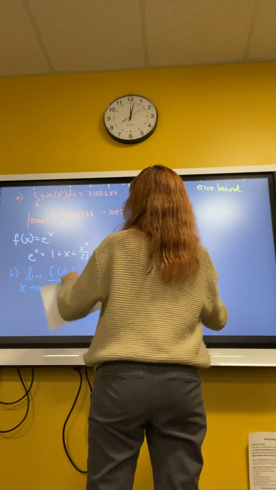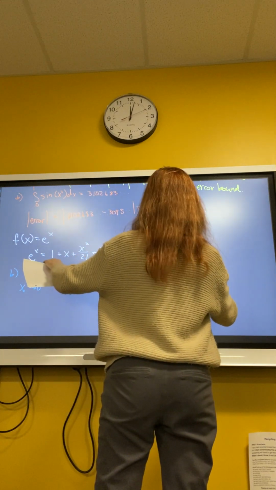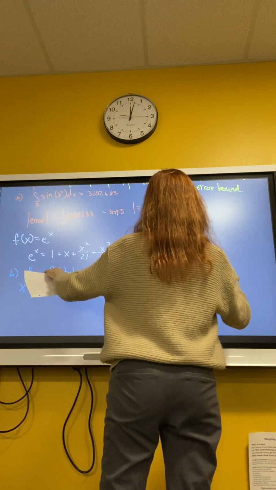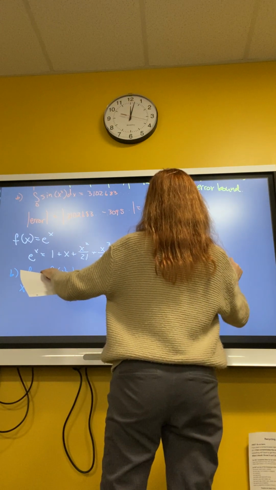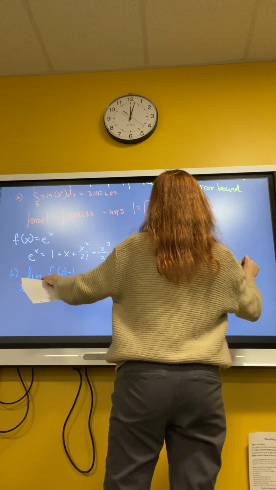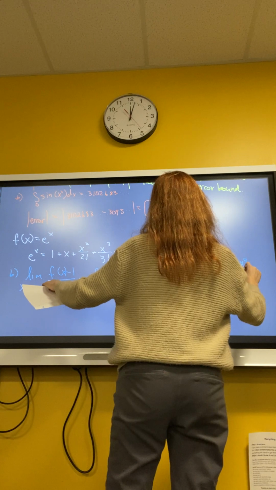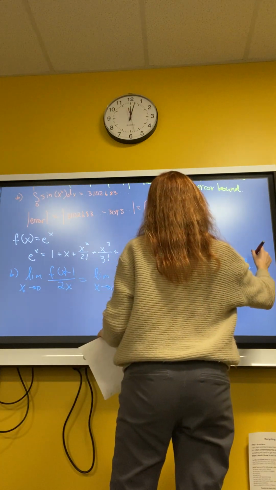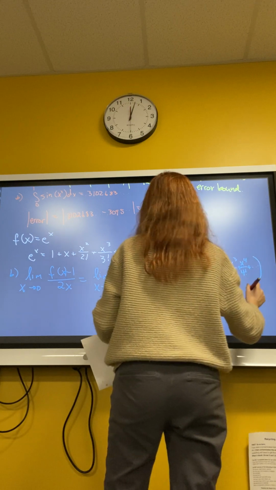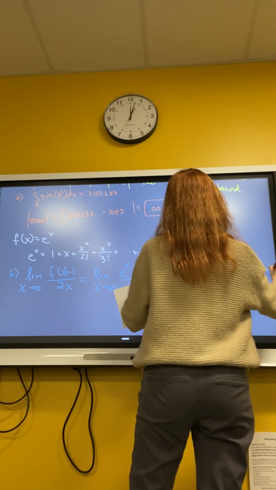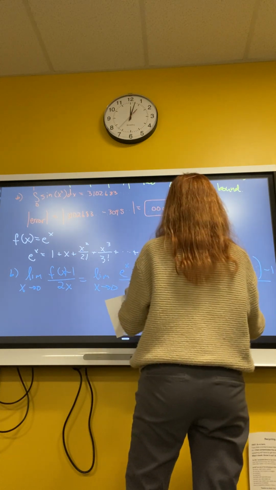So instead of e to the x, I'm going to write it as 1 plus x plus x squared over 2 factorial plus x cubed over 3 factorial plus x to the 4th over 4 factorial, and that's going to keep going. I still have this minus 1, and I'm still divided by 2x.